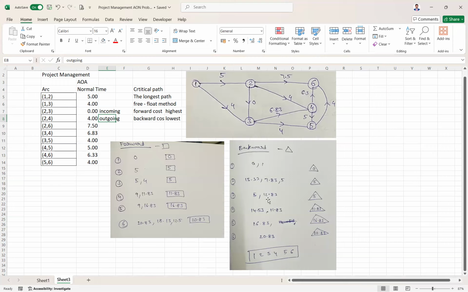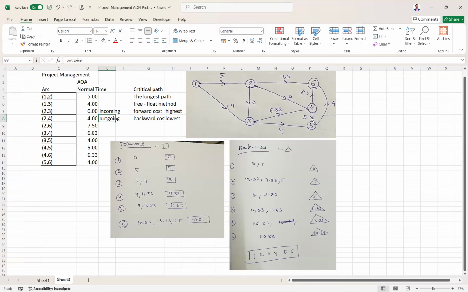For node 5, see how many outgoing nodes are there? Only one, going to 6. In forward, we have added the cost. In backward, we will subtract the cost. For 6, the backward cost is 20.83 minus the arc cost 4, so 16.83. Since there is only one outgoing node, that becomes your backward cost. Now for node 4, how many outgoing are there?